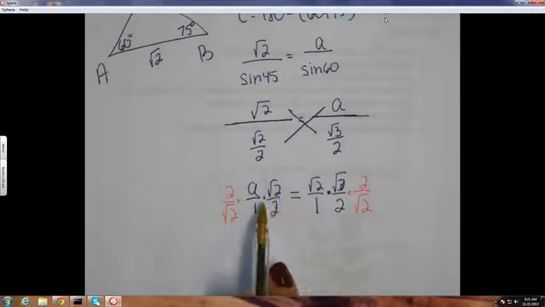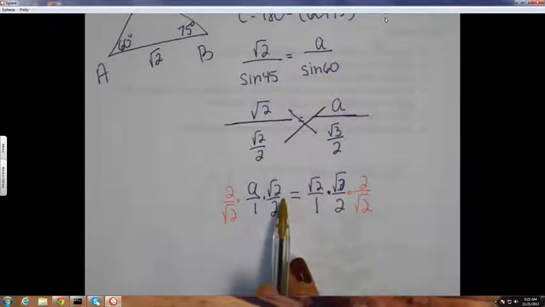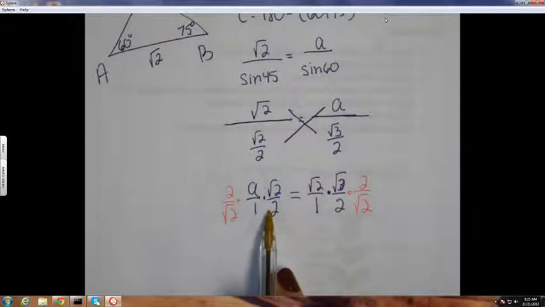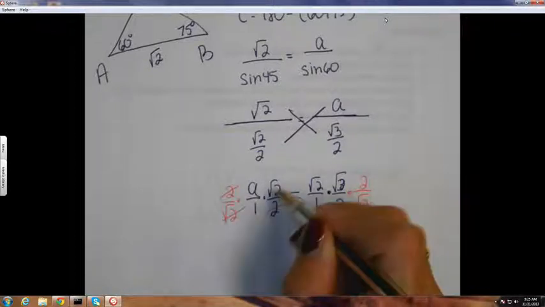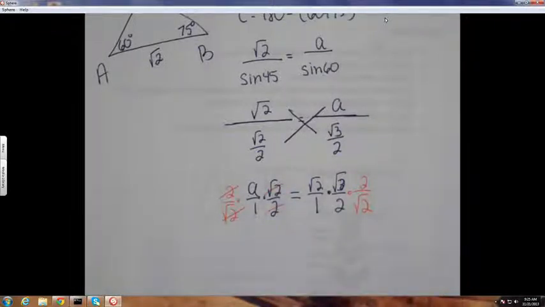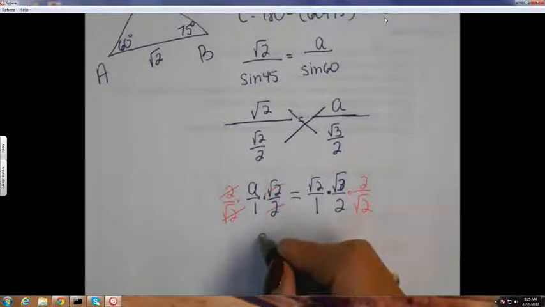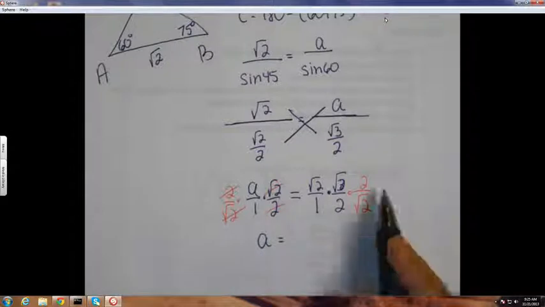And it's being multiplied by a, so I would have to divide by that fraction, but what's the same thing as dividing by a fraction? Multiply by reciprocal. So what I'm doing is multiplying by the reciprocal of this, because watch what happens, see how the 2's cancel? So all I have left on the left-hand side now is the a. And because I didn't multiply anything together here, stuff cancels out.